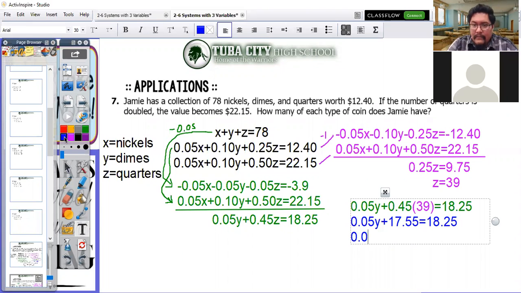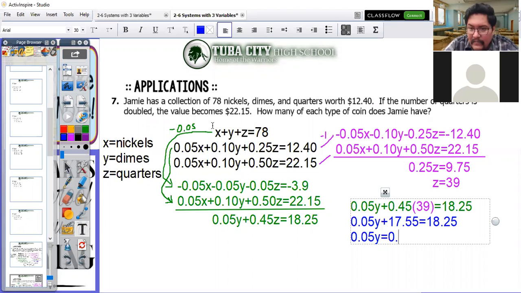Okay. Now we're gonna have to minus 17.55 on both sides, so that way we can get that Y by itself. So 0.7. I guess, is it really only 70 cents difference?